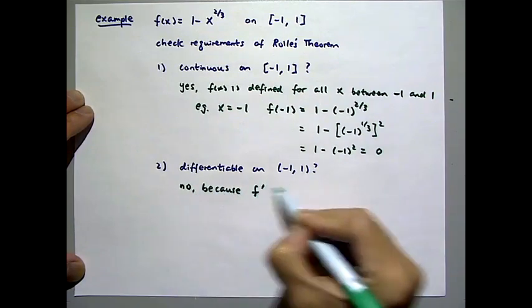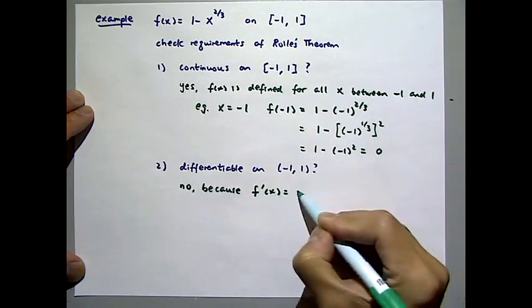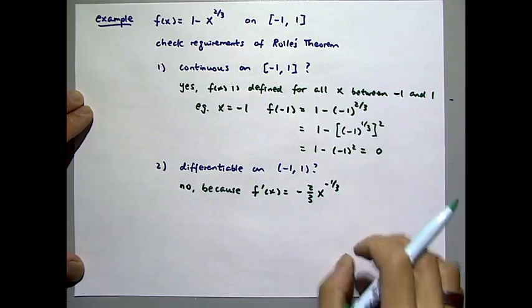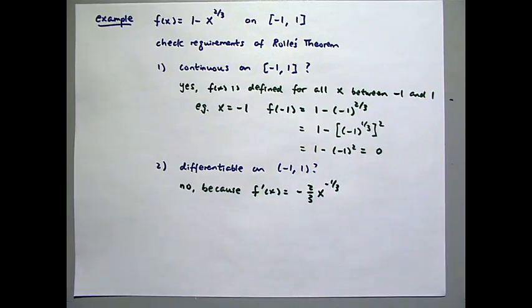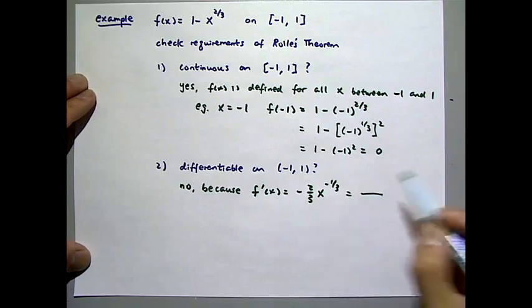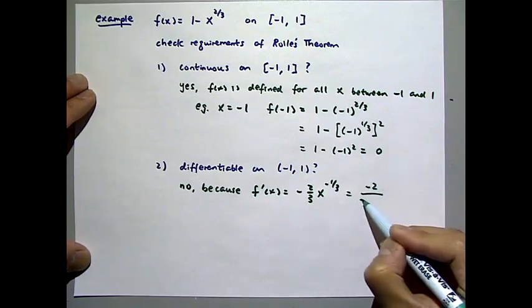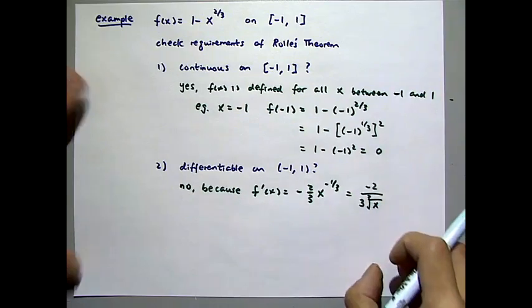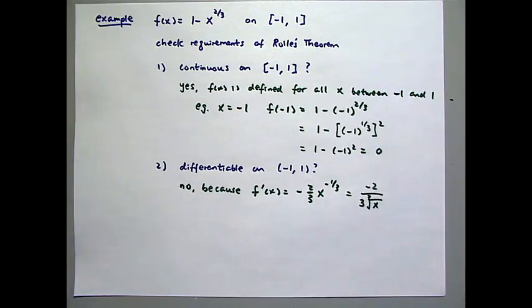Because look at the derivative. It's that x to the minus 1/3 that's causing problem. Because this is equivalent to negative 2 over 3 times the cube root of x downstairs. Power of negative 1/3 means going downstairs and giving a power of 1/3, which is cube root.